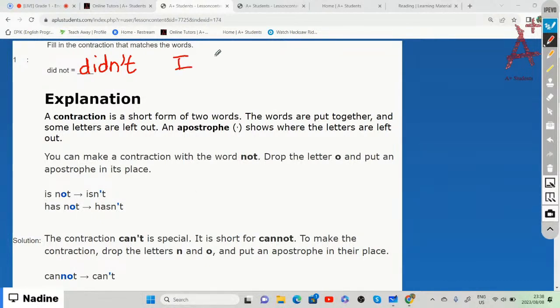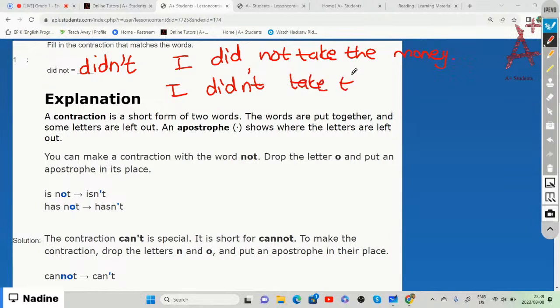It's like saying, I did not take the money without permission. It's the same as saying, I didn't take the money. Or I did not take the cookie, or I did not take his pen, and so on. So didn't is the contraction of the two words did not.